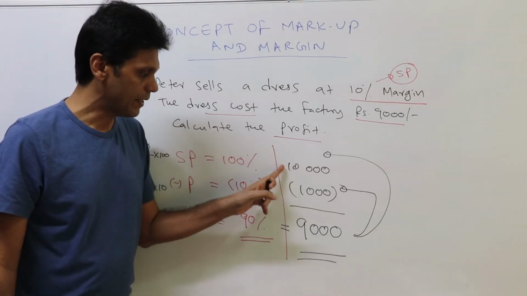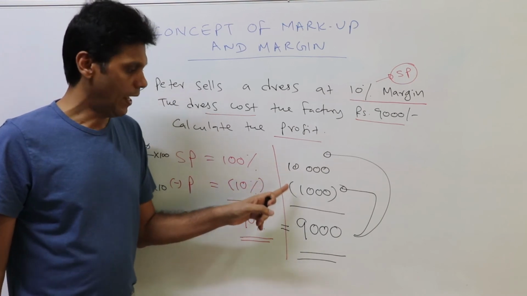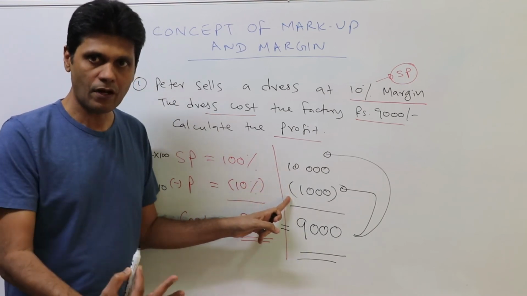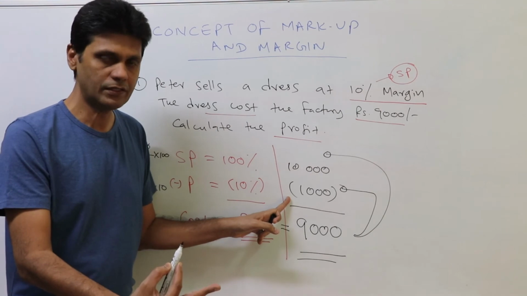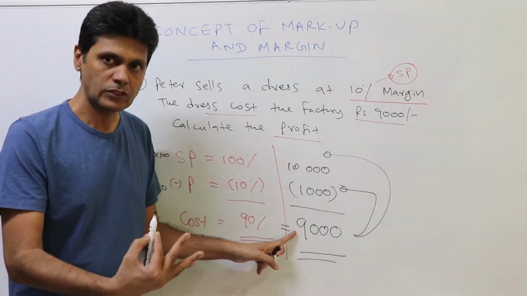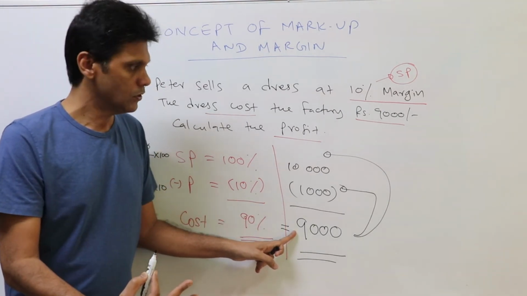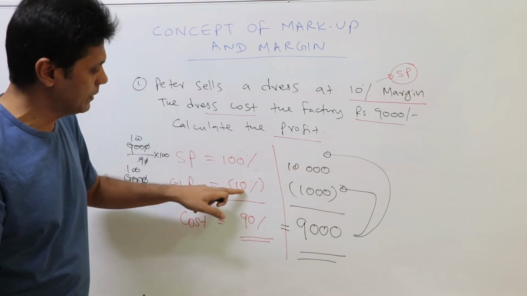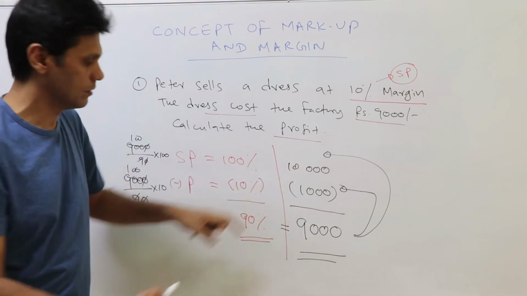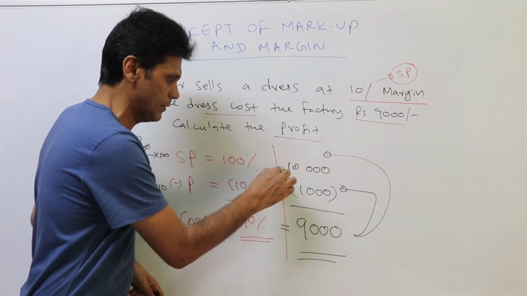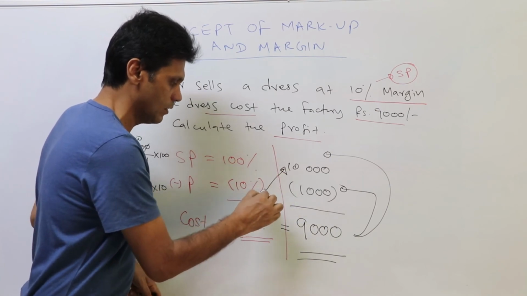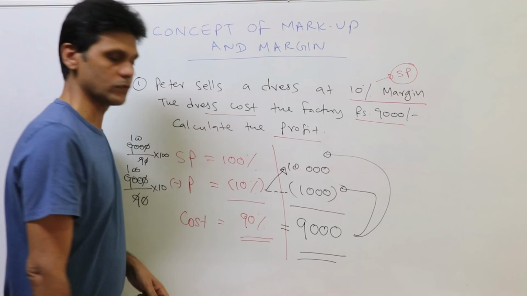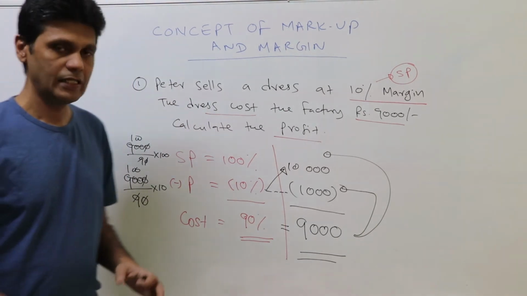This is the real selling price, this is the actual profit, and this is the actual cost. If you apply 10% on this 10,000, that will be 1,000. Is that clear?